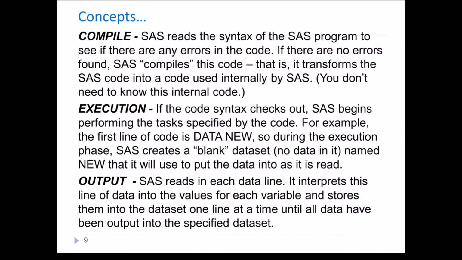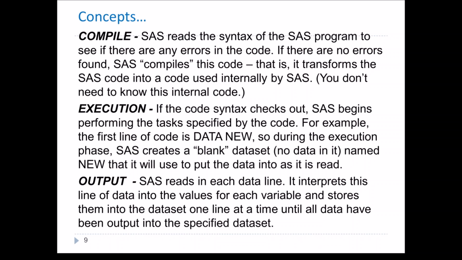If the syntax checks out, SAS begins performing the tasks specified in the code, particularly in the data step. For instance, the first line of this code is data new. So during the execution phase, SAS creates a blank data set with no data in it, named new, that is going to be available now to put the data into. And there's many other things that could happen within the execution phase.